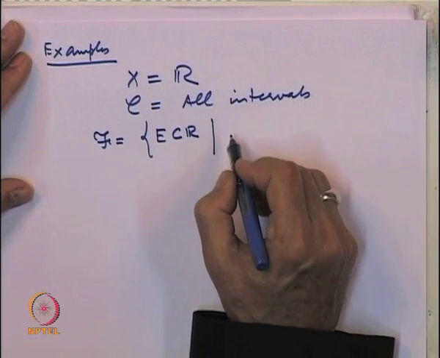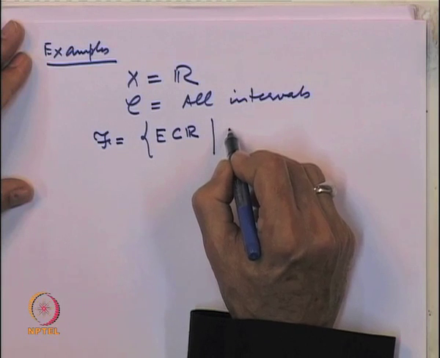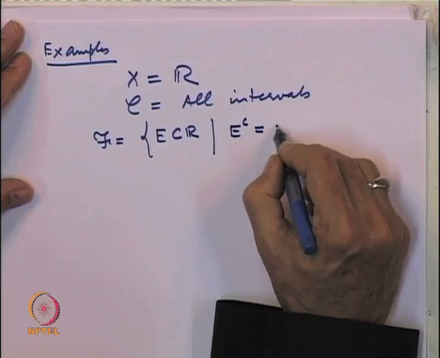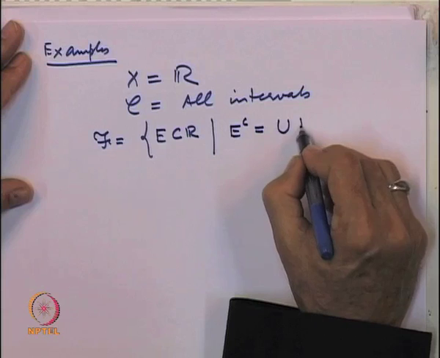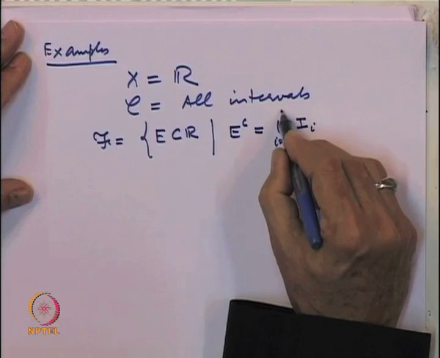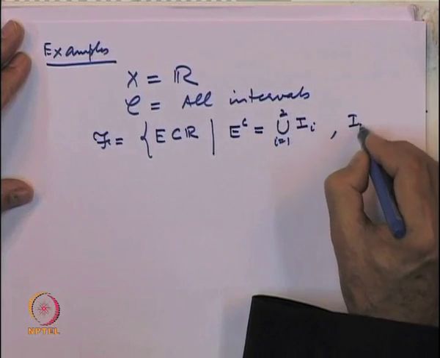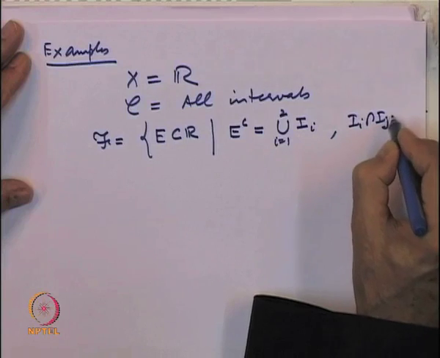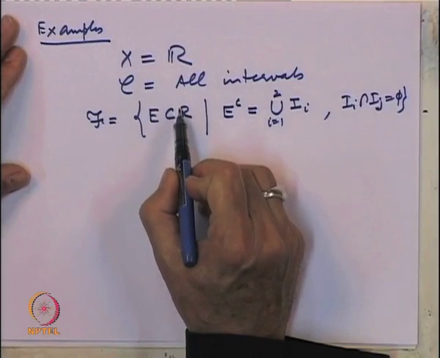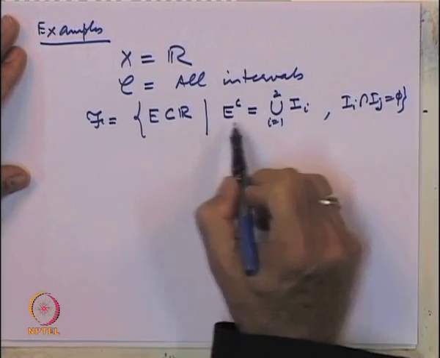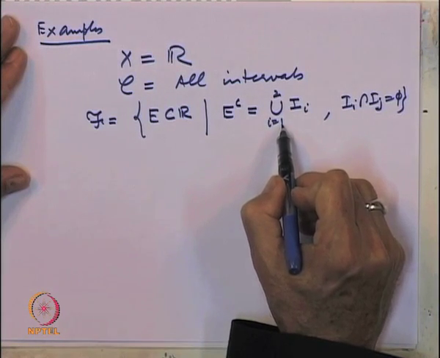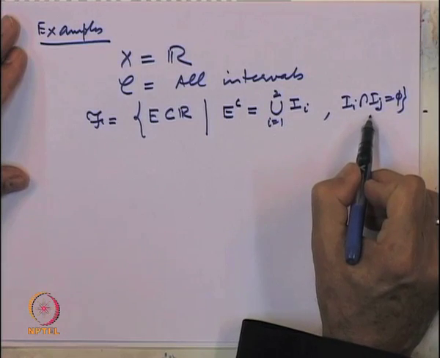So, let us write F as the collection of E such that E complement is equal to a union of intervals I_i, i equal to 1 to 2, where I_i intersection I_j is empty. So, what we are saying is, look at all those subsets of the real line which can be represented as a disjoint union of two intervals.